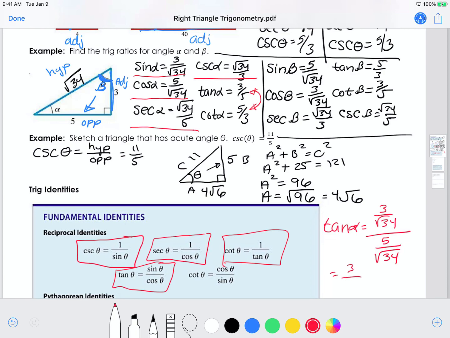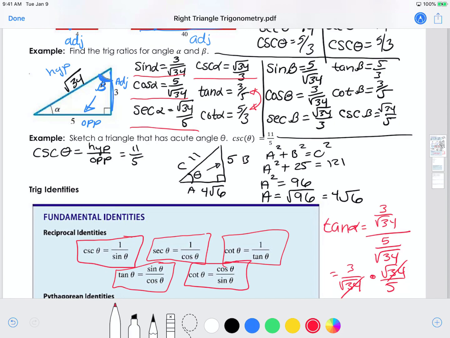So I have 3 over the square root of 34 times the square root of 34 over 5. I get rid of the square root of 34, and I'm left with 3/5. And tangent of alpha in that example is 3/5. So it works.